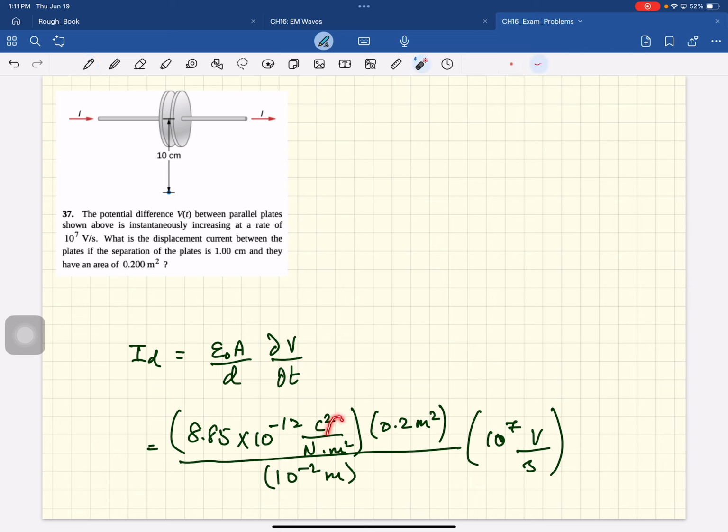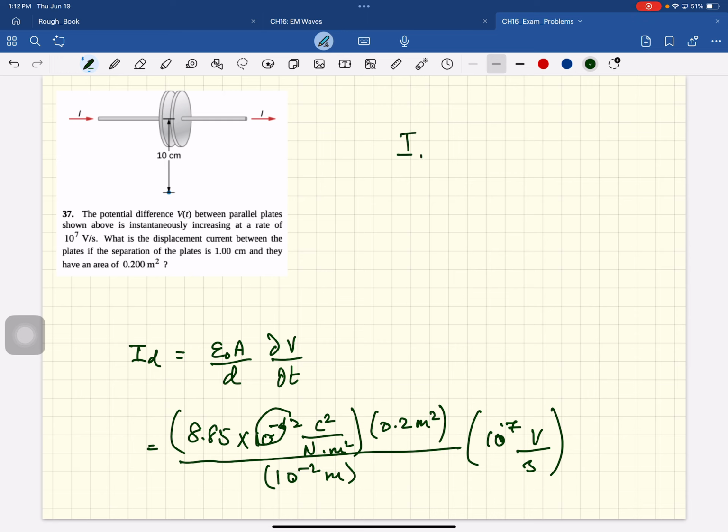Okay, so what will all the units turn into? Amps. So this is 10 to the minus 10, then becomes 10 to the minus 3.